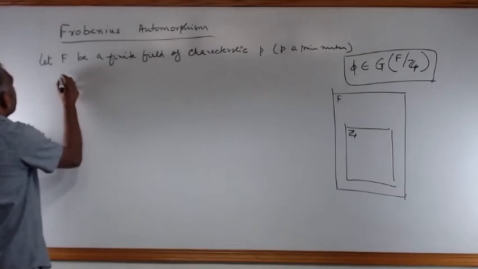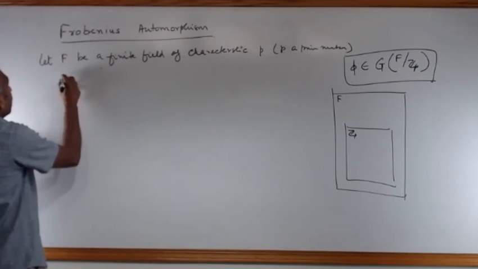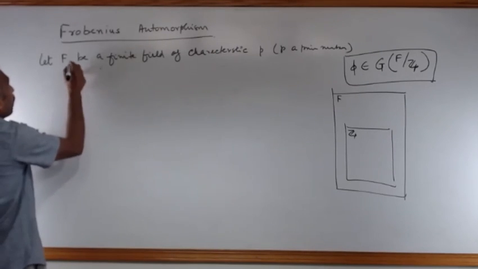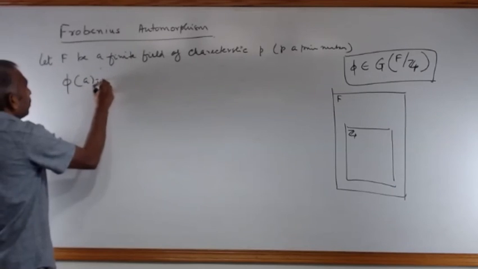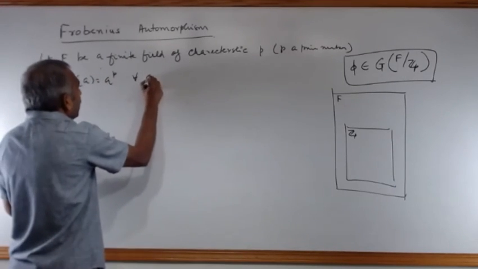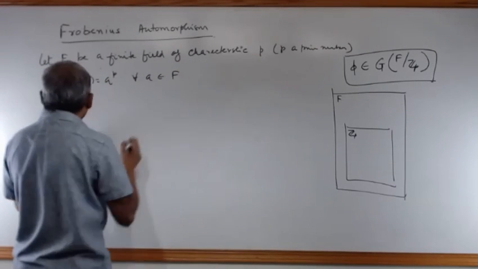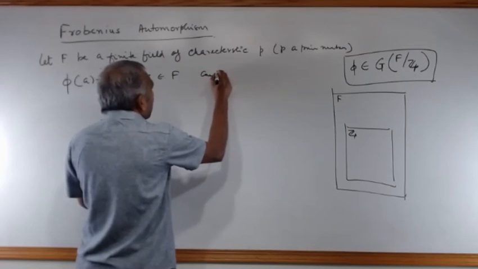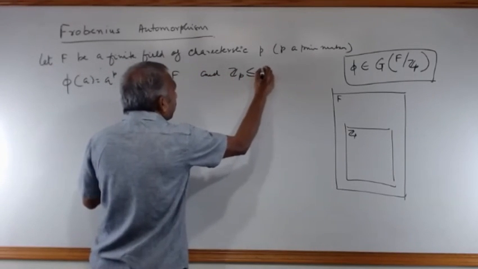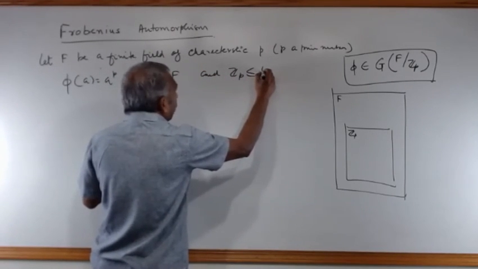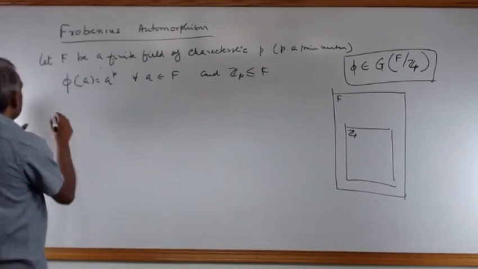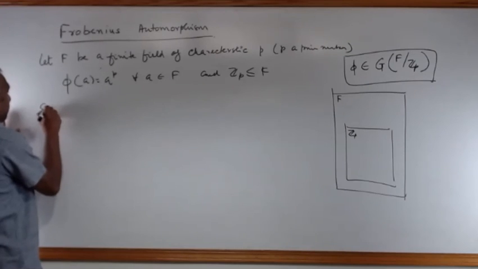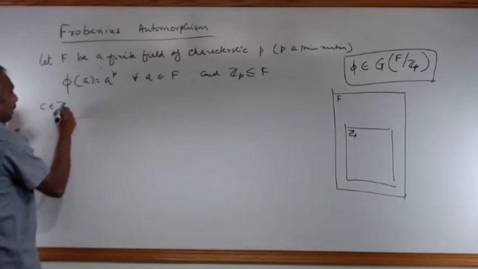Now, our definition of this Frobenius automorphism is phi of A equal to A to the power of P for all A in F. And we know that Z_P is a subfield of F. Now let us take an element C from Z_P.